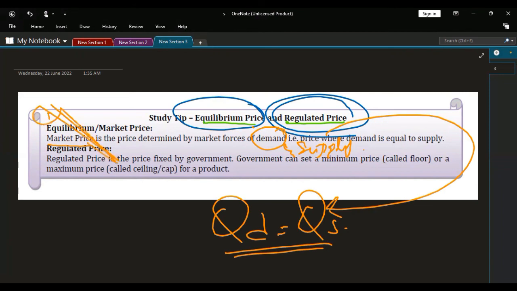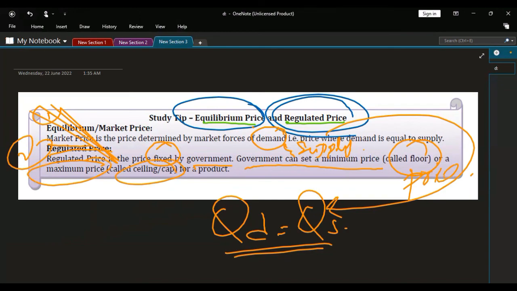What is regulated price? Regulated price is the price fixed by the government. If government sets a minimum price, it is called floor price. If government determines a maximum price, it is called cap price or ceiling price.